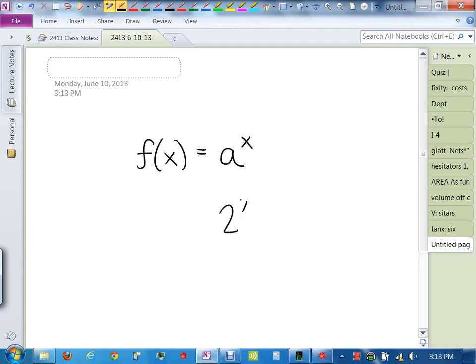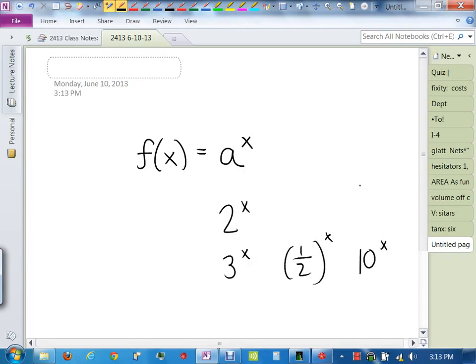So like 2 to the x, 3 to the x, 1/2 to the x, 10 to the x. E to the x is a very special one, isn't it? We called it the natural exponential function. But what we have with exponential functions is that our variable is the power, right? As opposed to polynomial functions where the base is the variable.